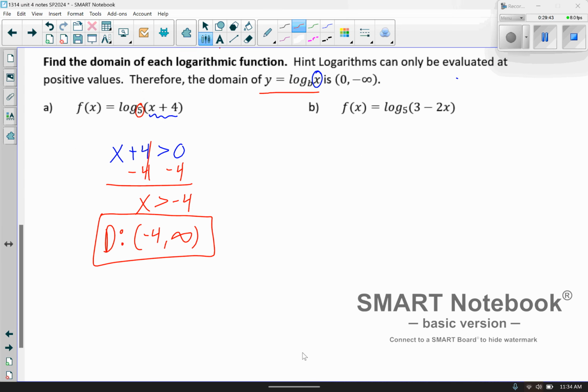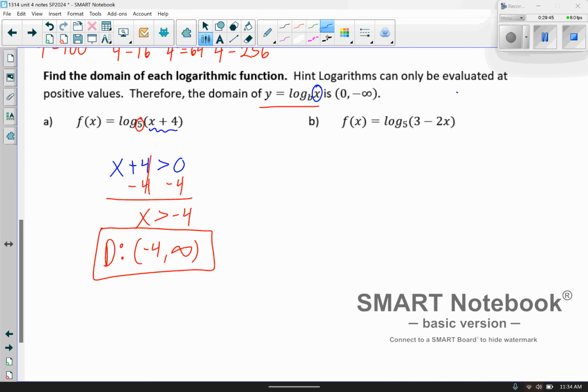Okay, and example B is kind of the same, except the algebra is a little bit more challenging, but not too bad. So that expression inside here has to be greater than 0. So then you just solve that inequality. We'll subtract 3 on both sides, and then we'll divide by negative 2.